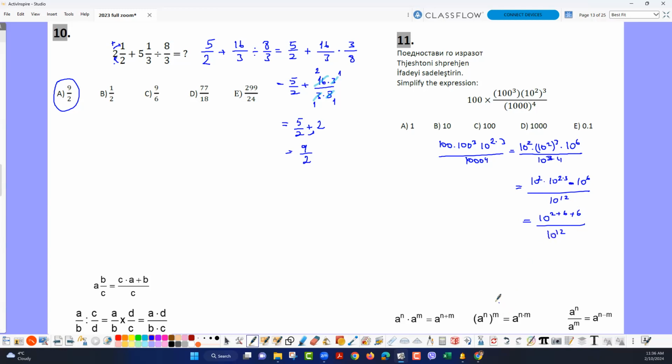As I said, I'm always using these rules, which gives 10 to the power of 14 divided by 10 to the power of 12, which is equal to 10 to the power of 14 minus 12, which is 10 to the power of 2. We have 100, since 10 to the power of 2 is equal to 100, the answer is C.